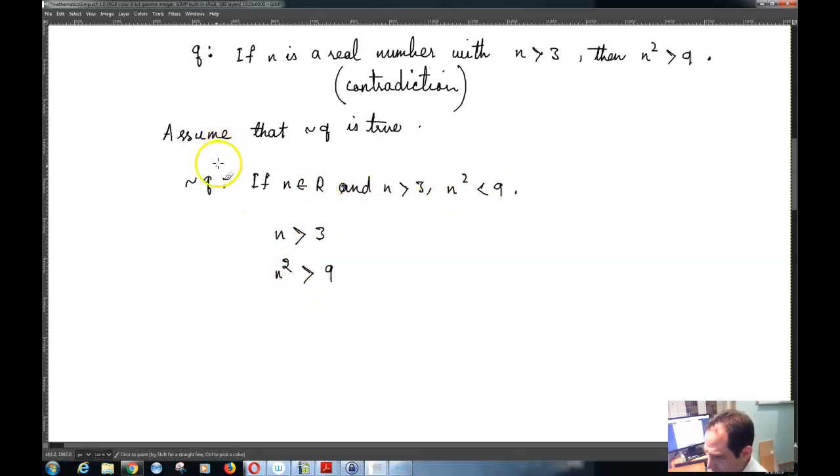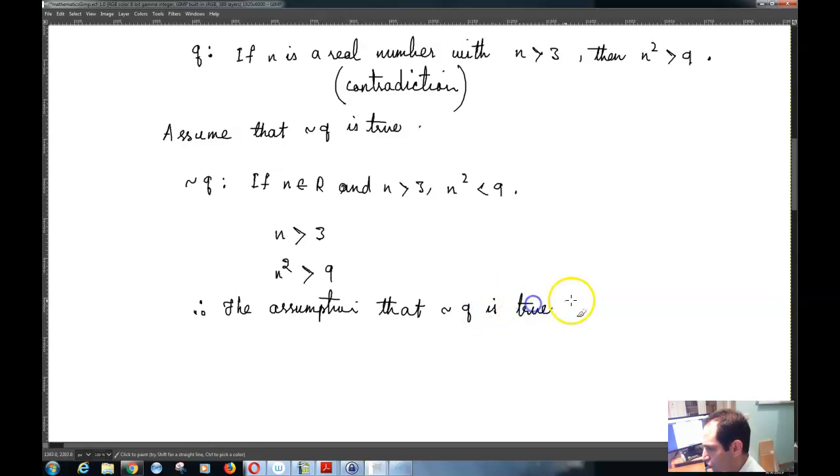Which means that our assumption was wrong, meaning that the assumption that not Q is true is false.